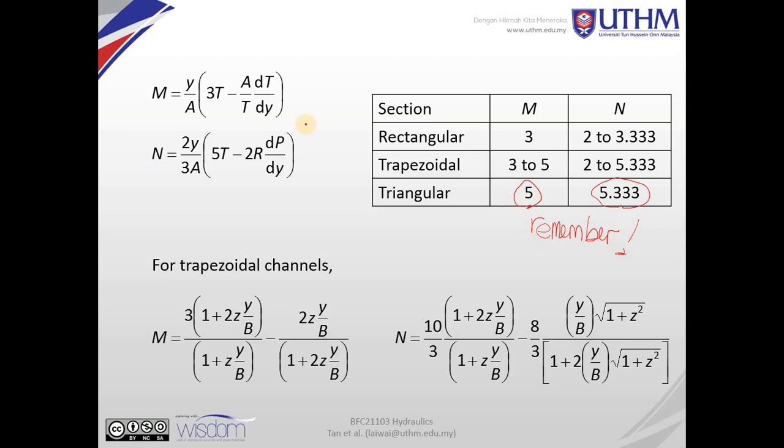So here if you are given another description saying that your channel is very wide channel, so by default their values for M and N, M should be taken as 3, whereas N should be taken as 10 over 3. So these two also you need to remember for your exam.